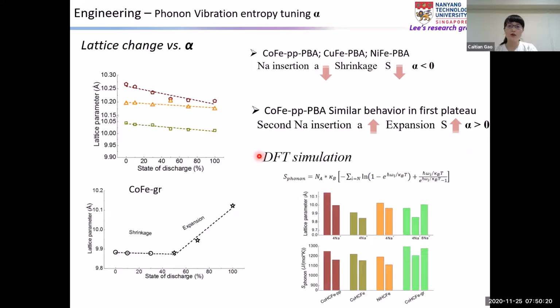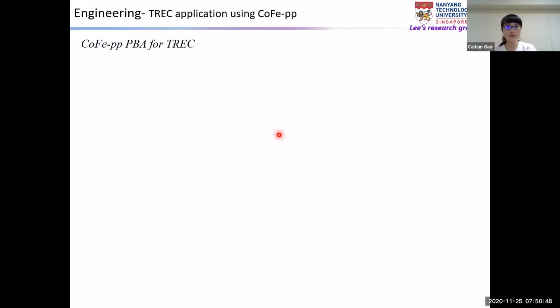So this theory can explain our result very well. Also, we performed the DFT simulation here, and we studied the lattice parameter change in these materials, and also the phonon vibration entropy values are here. This kind of theoretical simulation is consistent with our experiment data very well.